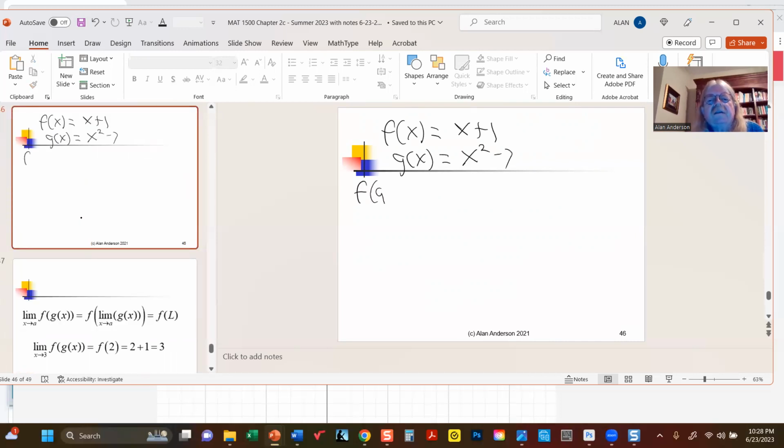F of g of x, actually, we could write this like this if you want to. Just a reminder that all you're doing is replacing all the x's here with g of x. So you're going to have x squared minus 7 plus 1.